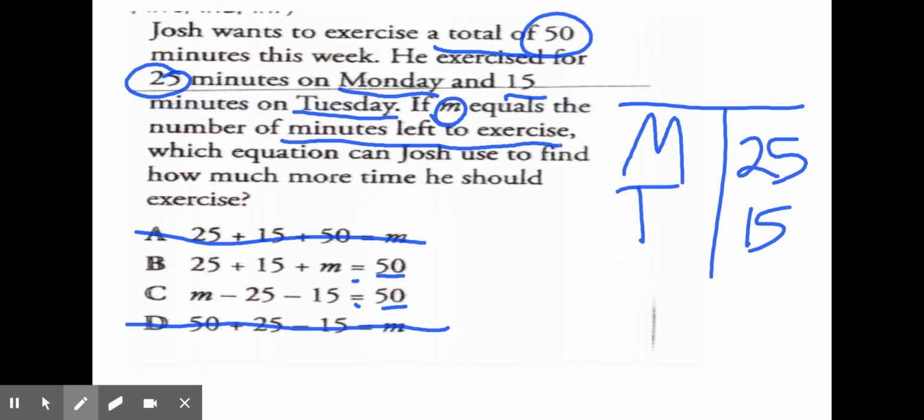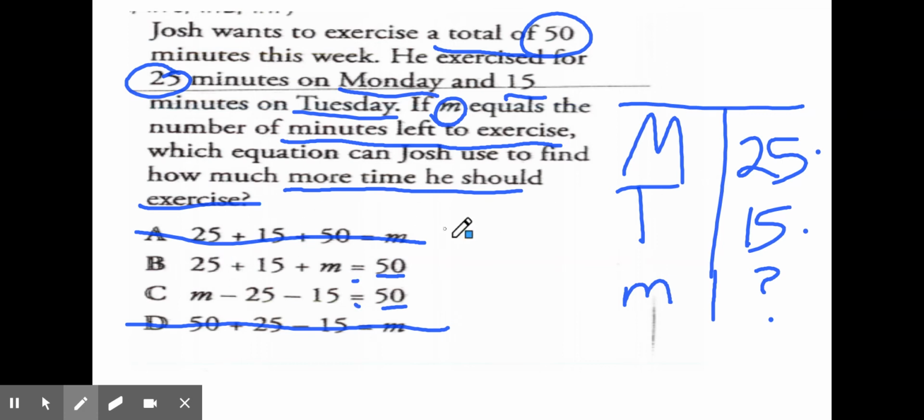So I know if I add up 25 and 15, that does not give me 50. So he's still missing some of these minutes. So the question says, how much more time does he need to exercise? Well, let's look at our choices.